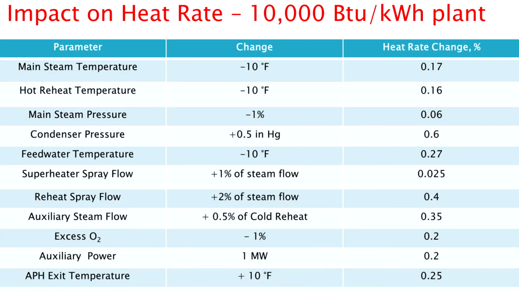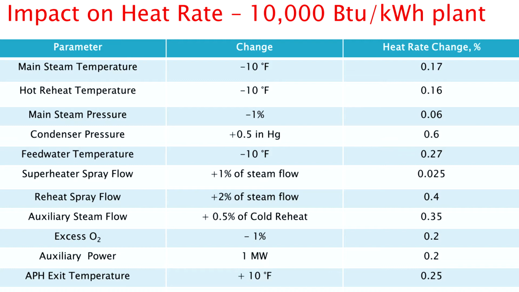Auxiliary power, 1 megawatt is 0.2%, that's all your motors. And the exit temperature coming out of your air heater, you heard about the air heater and the precipitator, 10 degrees are worth 0.25%. That means you're sending hot gas out the stack, no different than heating your house and leaving the window open in the wintertime.